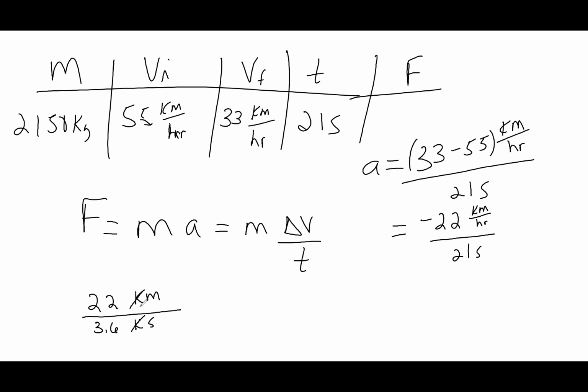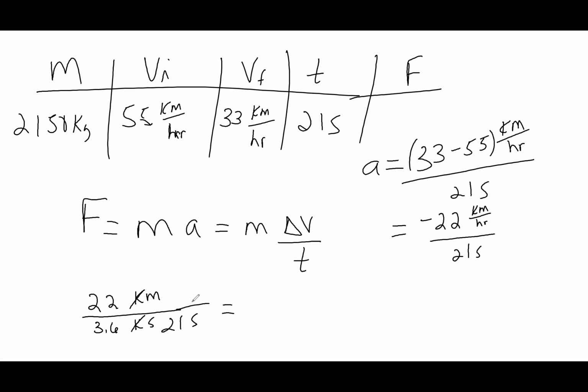So that means I simply take this number and divide it first by 3.6 to get my change in speed in meters per second, and then divide by 21 to get my acceleration. So I still have to divide by the what? The 21 seconds, right? That was my time.